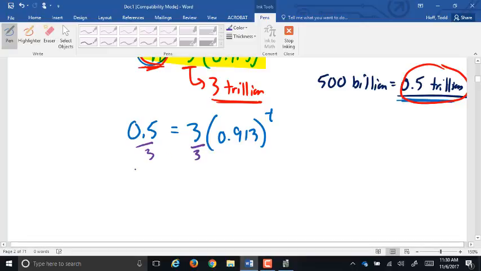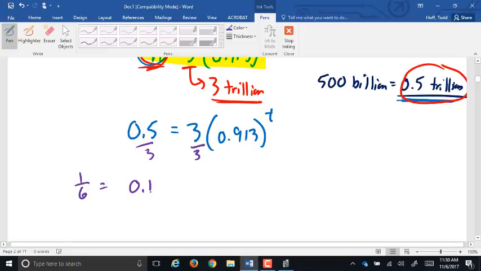Divide by the 3. That's 1/6 is actually what that ends up being. 0.5 divided by 3. You did 5 divided by 3. I actually wrote down the wrong number anyway.